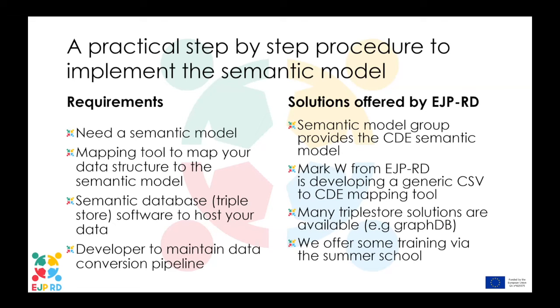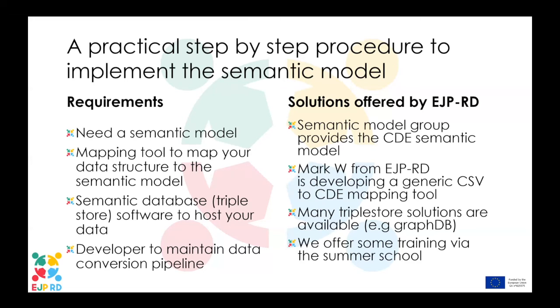We have working groups, for example, on CDE, common data elements. We make a semantic model for common data elements, we make periodical releases, and we do maintenance for that model. The second step is that you need to map your data structure to the common data semantic model data structure. For that, you have to do some mapping exercises.